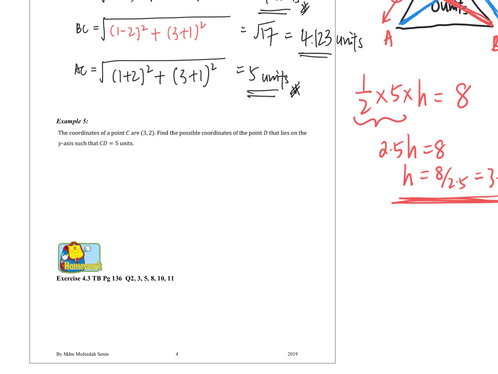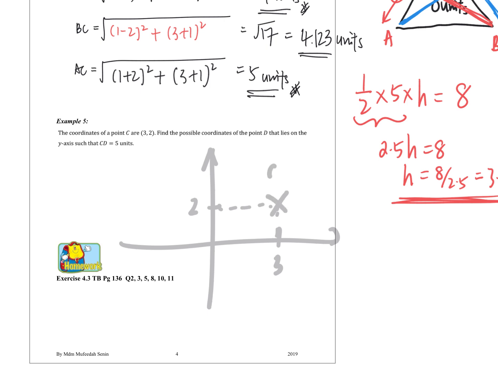So we try to visualize what they are saying. 3, 2 is here. So this is C. And they say I have a point D that lies on the y-axis. So we know that D can be maybe here, maybe here, maybe here. We don't know where.